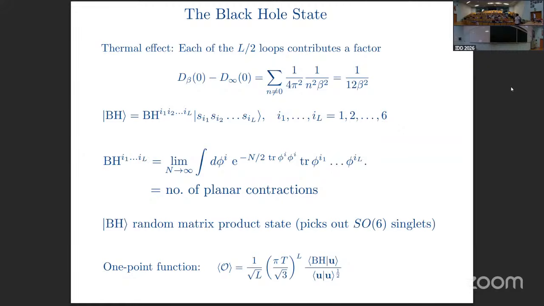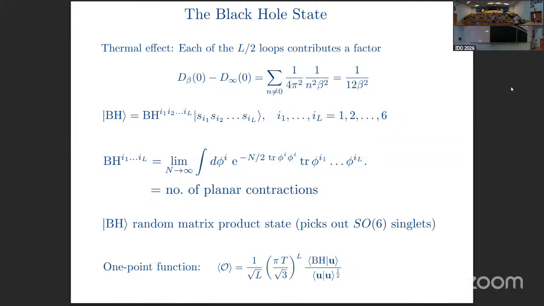Namely, it can be given as the infinite N value of some matrix integral. That's exactly what matrix models can do for you. They can count the number of planar contractions. So this matrix integral here is an integral over 6 different matrices, I runs from 1 to 6.